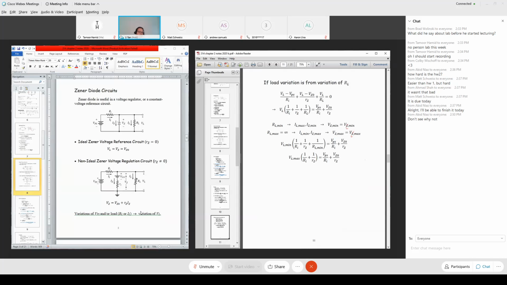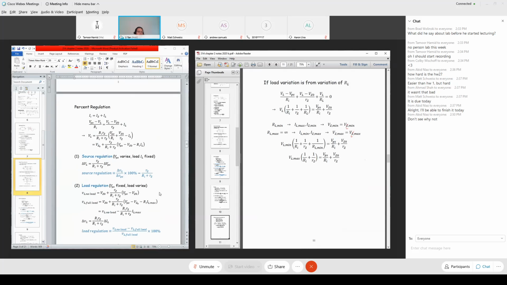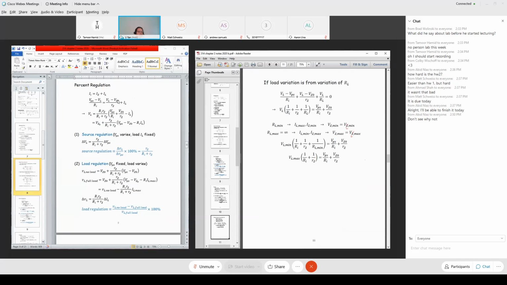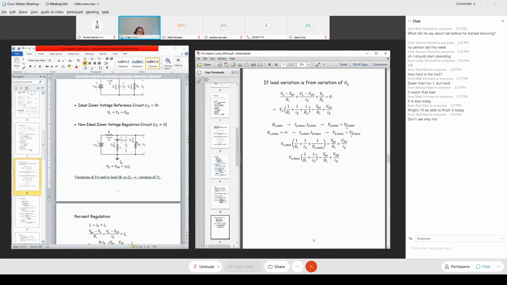The mathematical equation is still the same. It's the equation we derived earlier, and I repackaged it into a standard node voltage method: VL minus VPS divided by RI, that is, this voltage minus this voltage divided by this resistance, plus this voltage divided by this resistance.